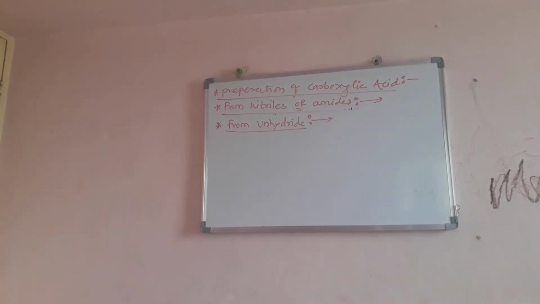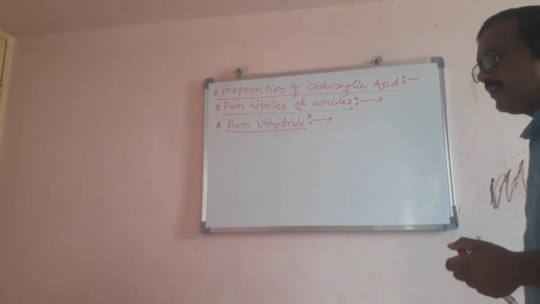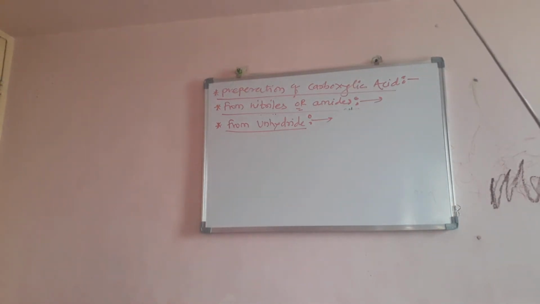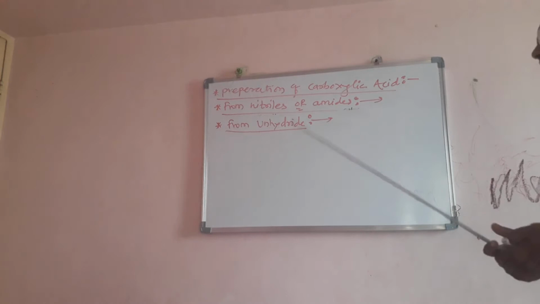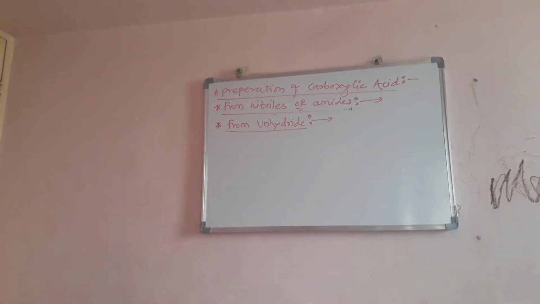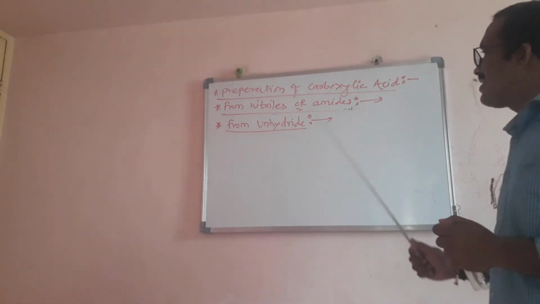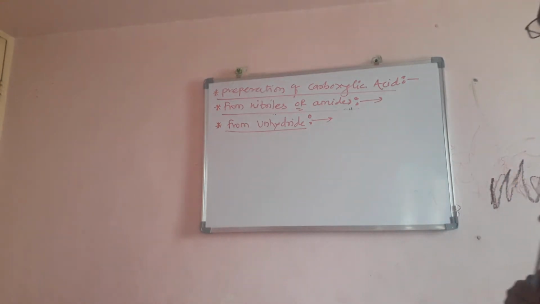Next, methods of preparation of carboxylic acid from anhydrides. When anhydrides are reacted with water they give the corresponding carboxylic acid.